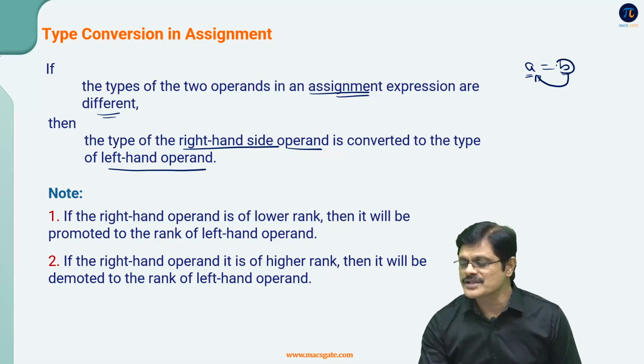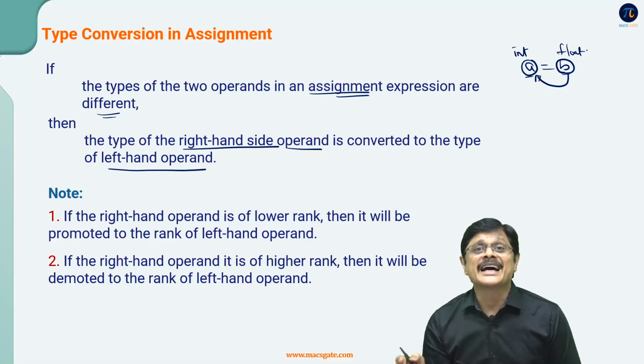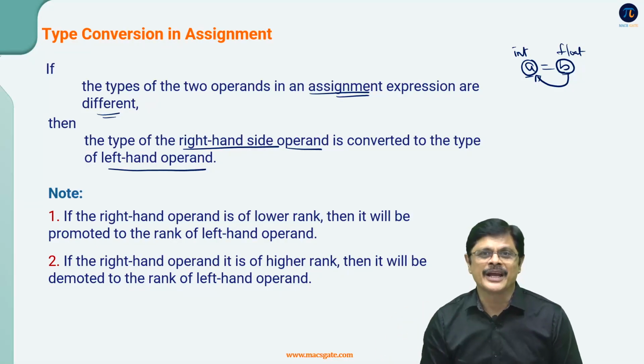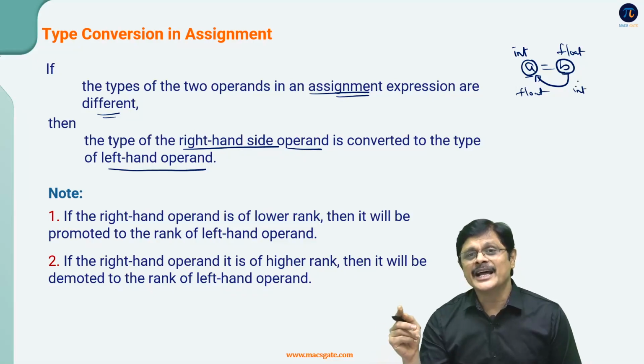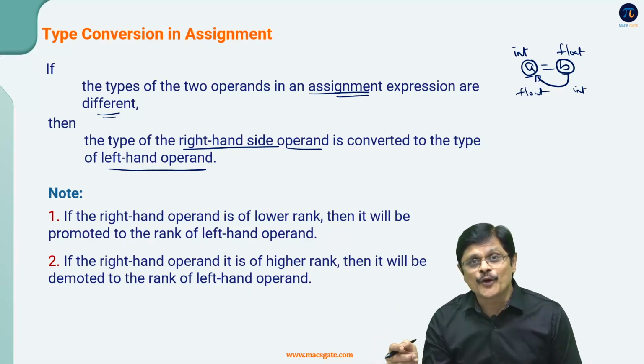Suppose A is integer and B is float, B is converted to integer type and assigned to A. Suppose A is float and B is integer, then B is converted to float and assigned.